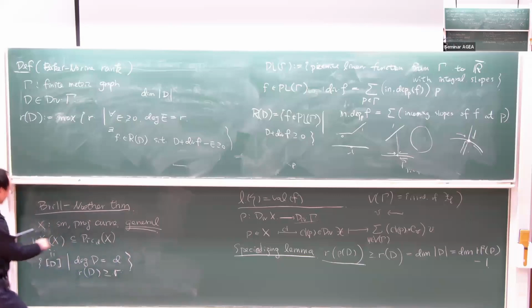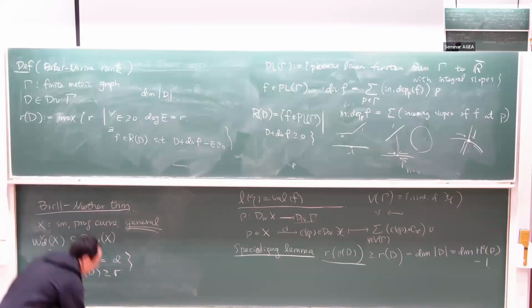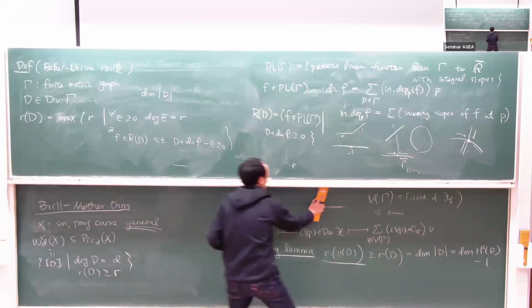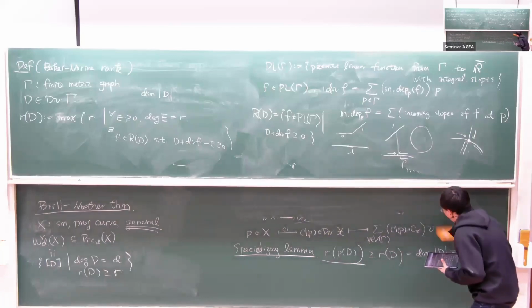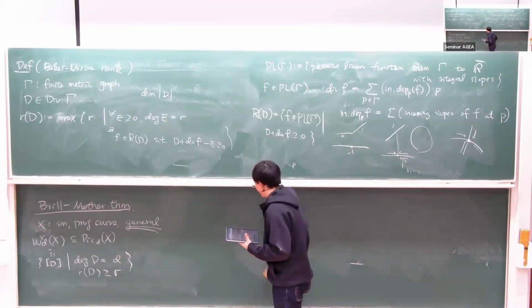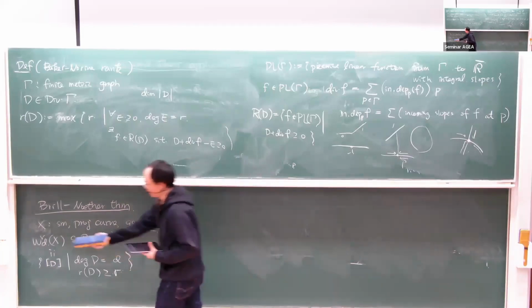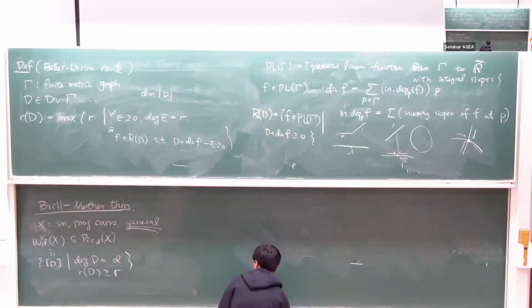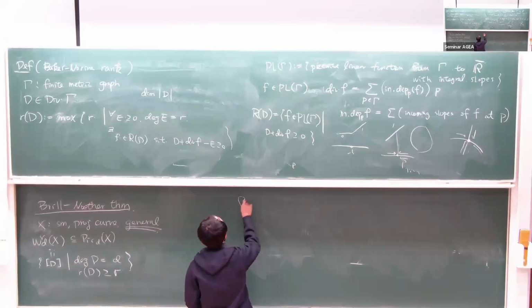So this is a subscheme of the Picard scheme, and from some argument we can write down the expected dimension of this subscheme, which is the so-called Brill-Noether number.